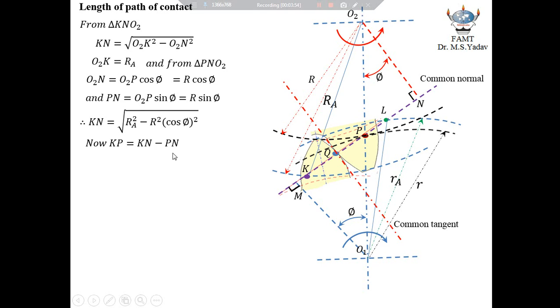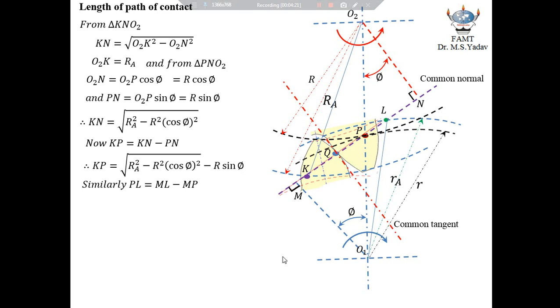Let's put these values in above expression, and we can write KP will be equal to square root of capital Ra square minus capital R square cos square phi, minus capital R sin phi. This is the expression for length of path of approach.